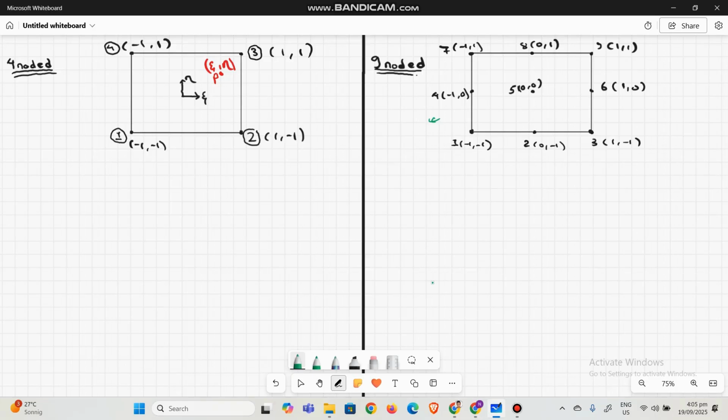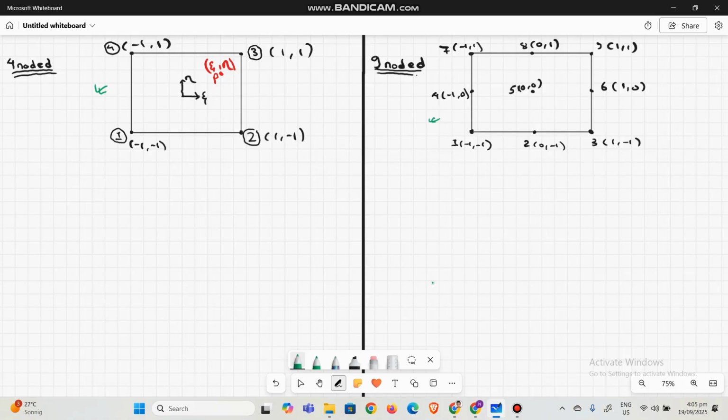But here we have an intermediate node also, so it's a Lagrange element, while this element can be considered Lagrange as well as serendipity, because we can derive the shape function using the Lagrange concept as well as the serendipity concept. But first, let's look at how we can derive the shape function using the Lagrange concept.